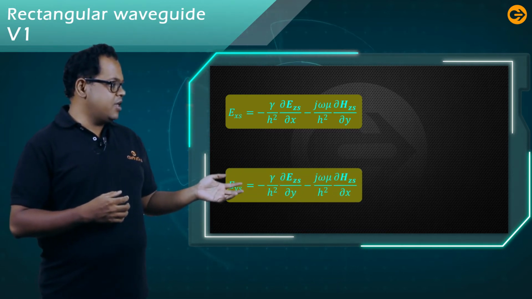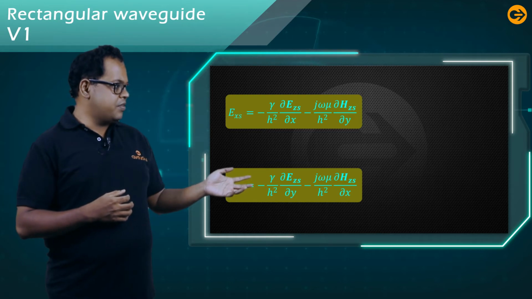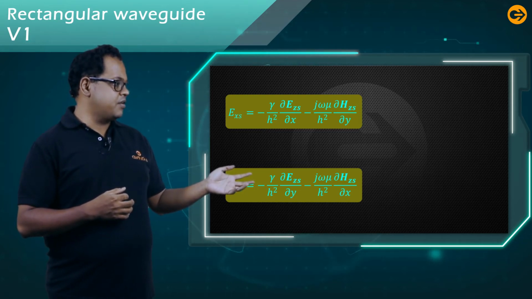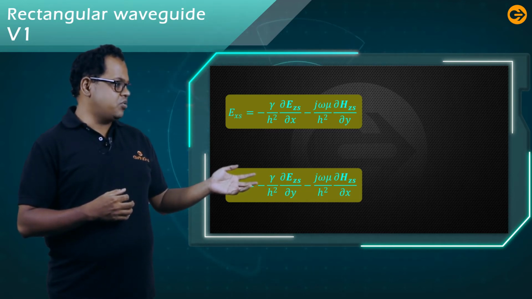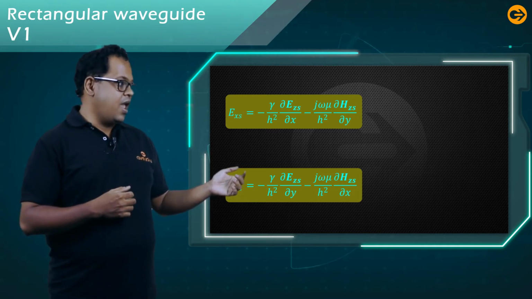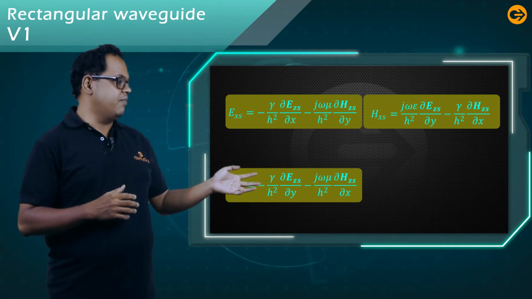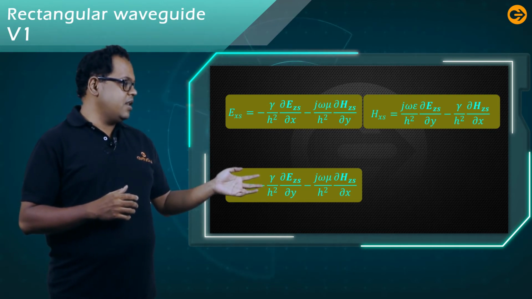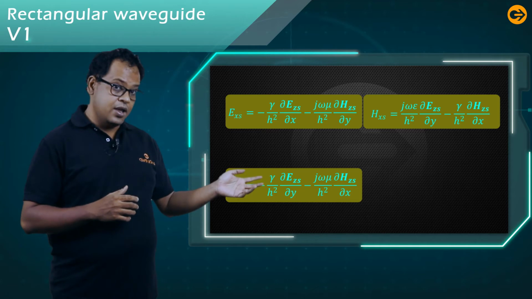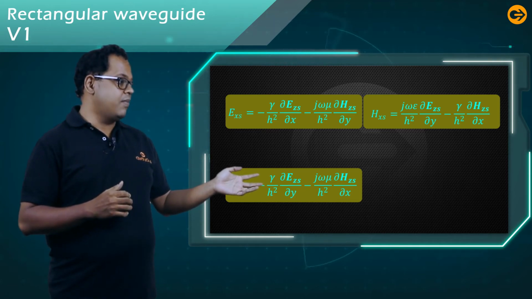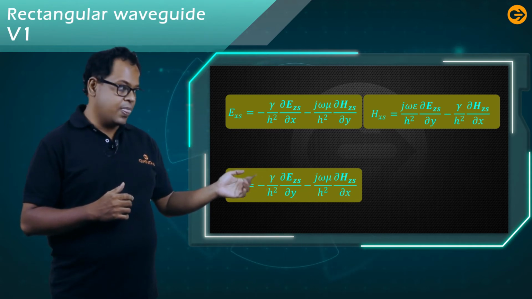E of Ys is equal to minus gamma by h square del Ez by del y plus j omega mu by h square del Hzs by del x, and H of Xs is equal to j omega epsilon by h square del Ezs by del y minus gamma by h square del Hzs by del x.